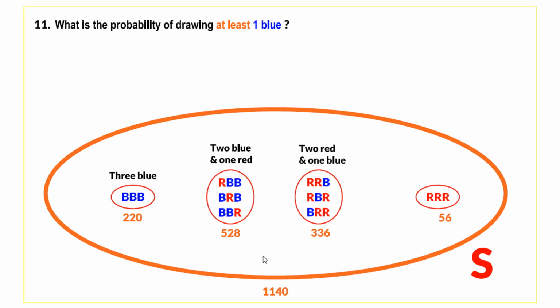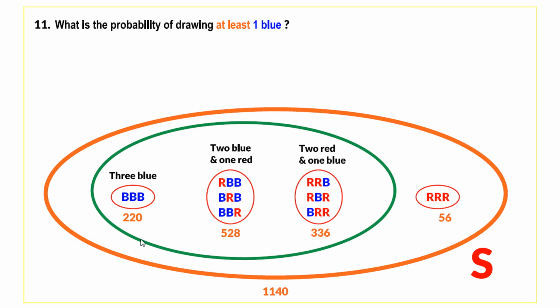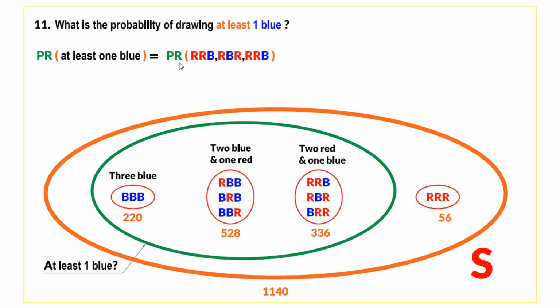And the union of all these events is going to give us the event of picking at least 1 blue. So these 3 events are disjoint, and that means that their probability is the sum of their individual probabilities. So the probability of picking up 1 blue plus the probability of picking up 2 blue plus the probability of picking up 3 blue.